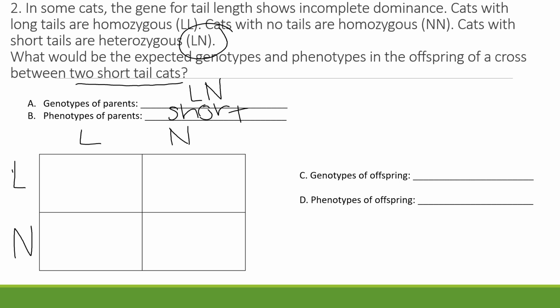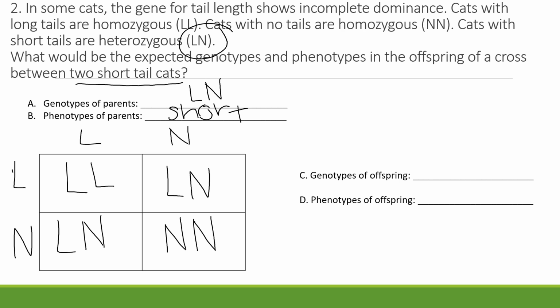Okay, so we fill up the Punnett square, so we'll have a capital L, capital L, capital L, capital N, capital L, capital N, and an N, and an N. With this cross, we get every single possible genotype, right? So the genotypes of the offspring over on the side are the letter combinations that we have in our boxes.